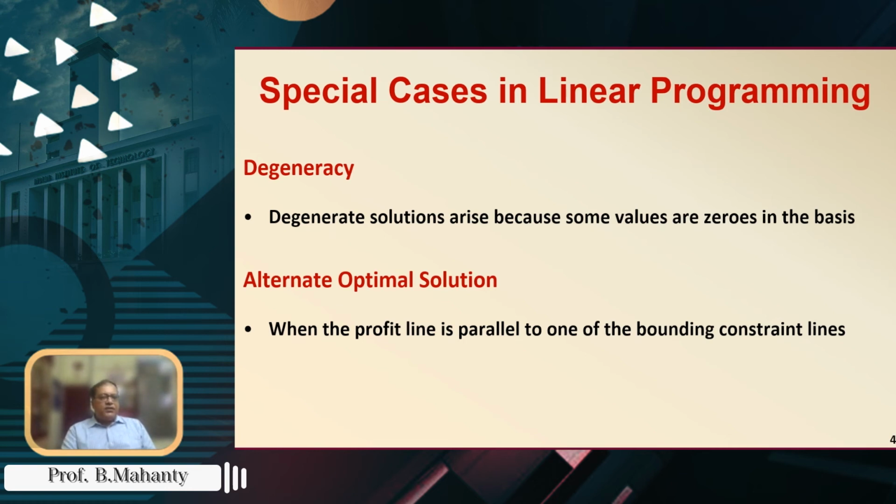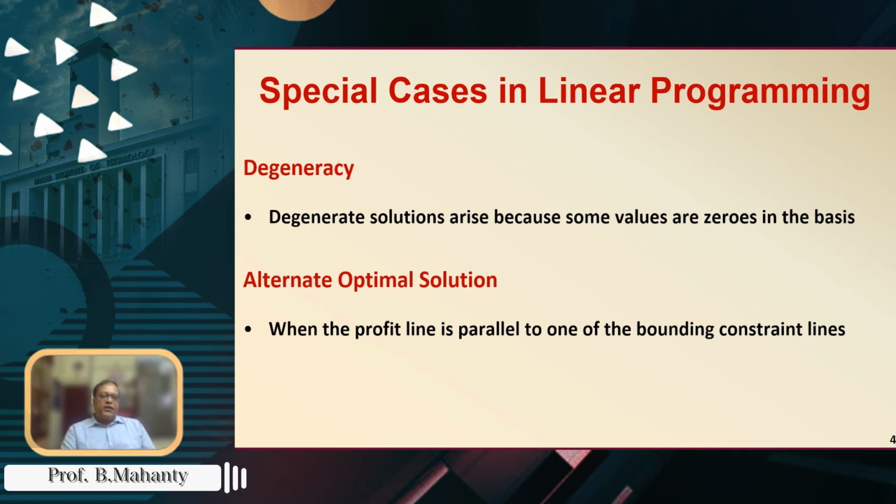Today we have seen the alternate optimal solution, when the profit line is parallel to one of the bounding constraint lines. This is to be expected when there is a zero value in the Cj minus Zj of the final table. If you take that particular variable into the basis, we get another, distinct solution. It's not the same solution in another form.